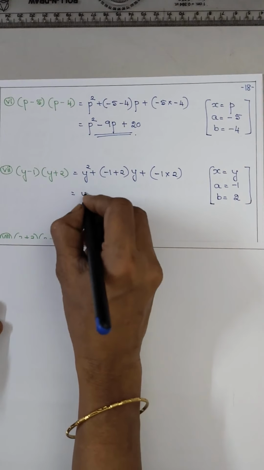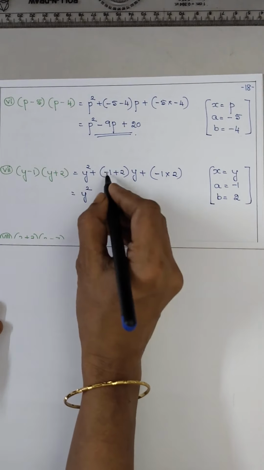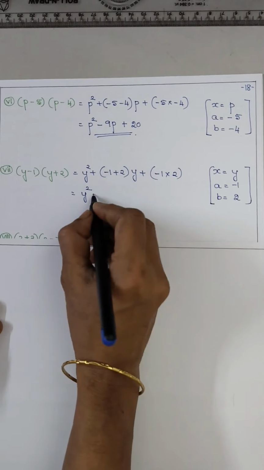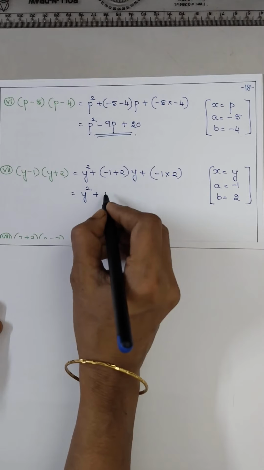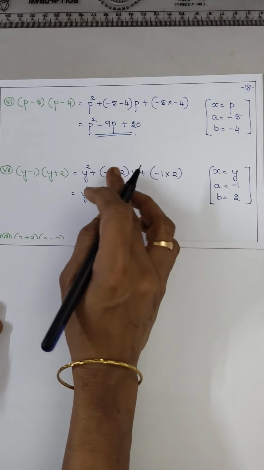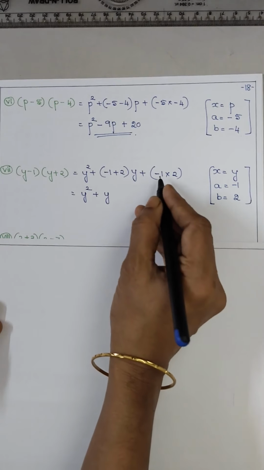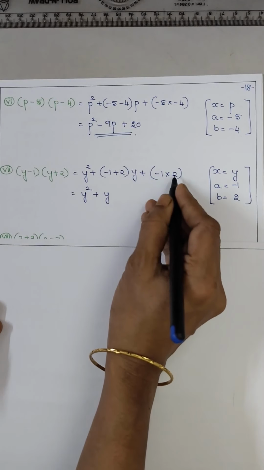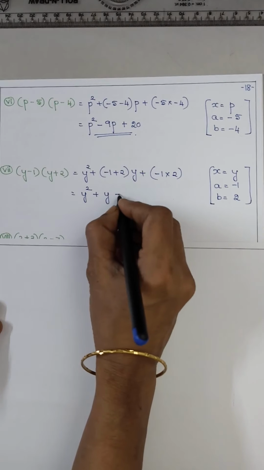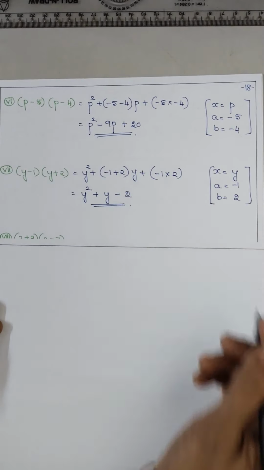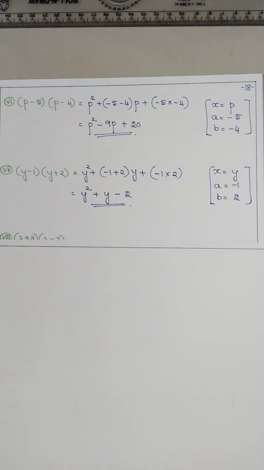So it is y². Different signs, subtract. Bigger number is having plus, 2 minus 1 is 1. We are not writing 1 into y, it is y. Different signs, so it will be minus, 1 2s are 2. Answer y² + y − 2.